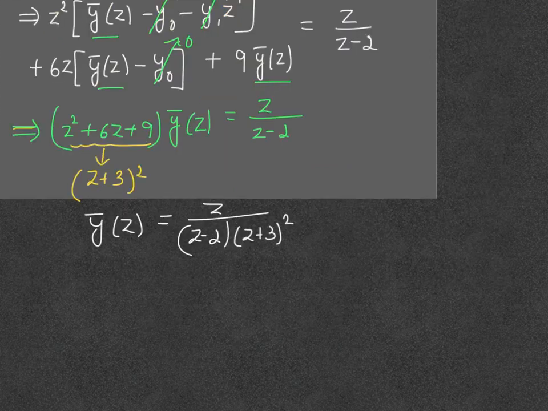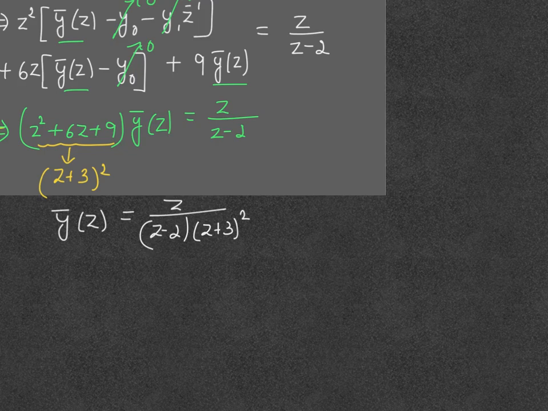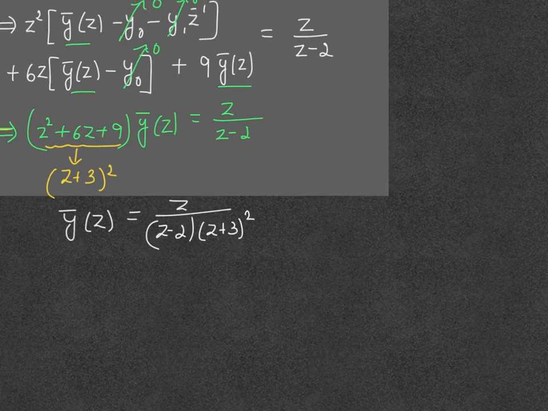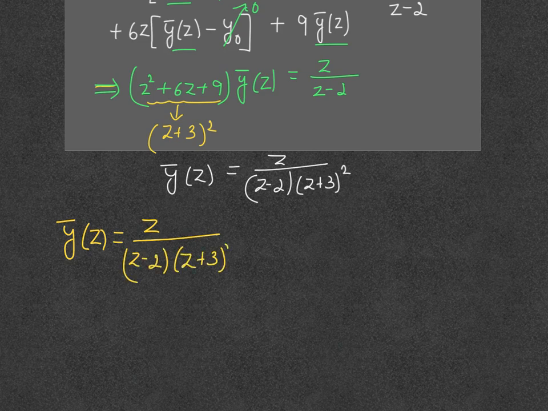Now we have y bar z as a function of z in the form of f of z divided by g of z. So we resolve into partial fractions here. y bar z is z by z minus 2 into z plus 3 whole square.